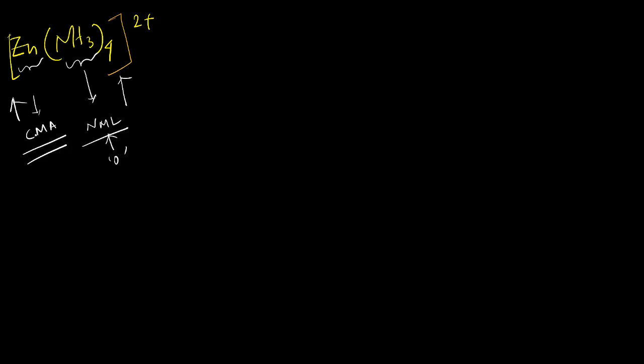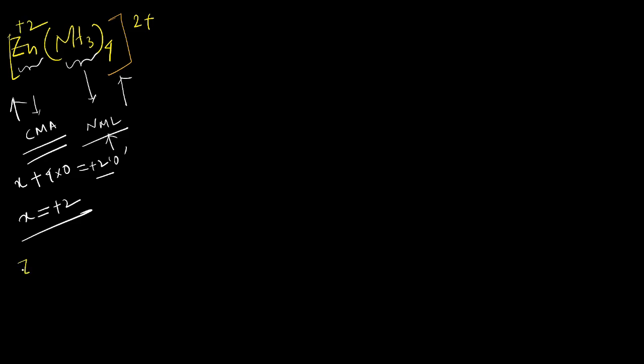To know its oxidation state, let us take its oxidation state as X, then X + 4 × 0 = +2. This is the overall charge, and X becomes +2. That means the central metal atom zinc is in the +2 oxidation state.